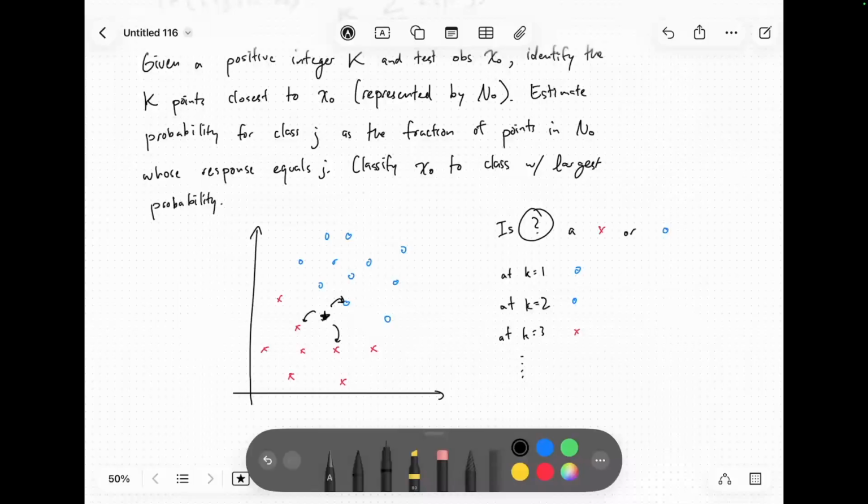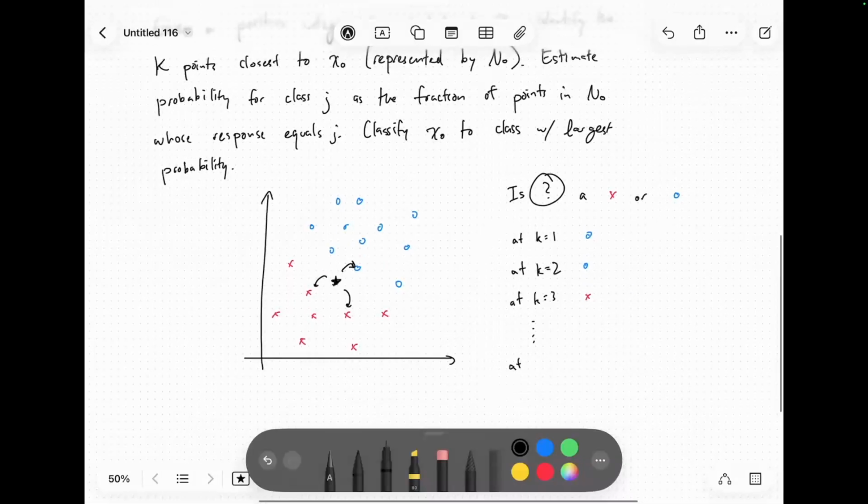Okay, let me ask you guys this. So there's 7, 10, 11. Okay. What would this be at k equals 19? Blue? And why would it be blue? Yeah, there's more blue dots, right?